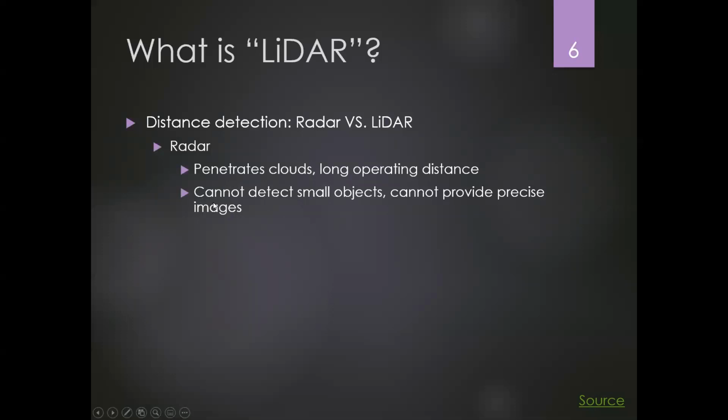But meanwhile, it cannot detect very small objects, for example, a tree, especially if the tree is not very big. And it cannot provide precise images. In other words, the spatial resolution of radar images is relatively low. You cannot differentiate a car from another car in a radar image, because a car is just too small for a radar satellite sensor.